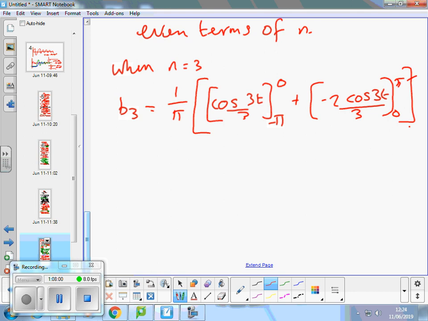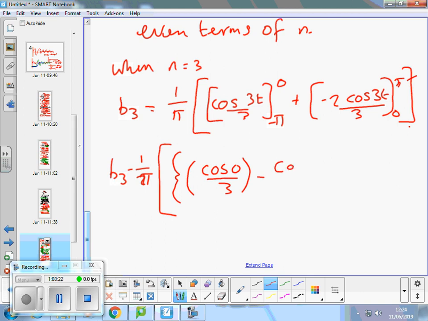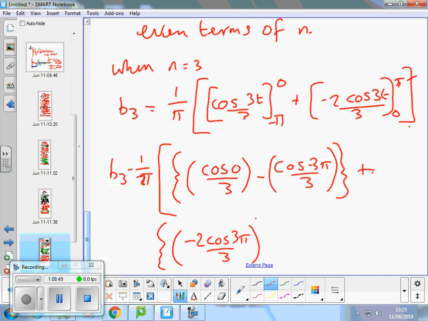Okay, and therefore B3 is 1 over pi times cos 0 over 3 minus cos minus 3 pi over 3 plus minus 2 cos 3 pi over 3 minus 2 cos 0 over 3.